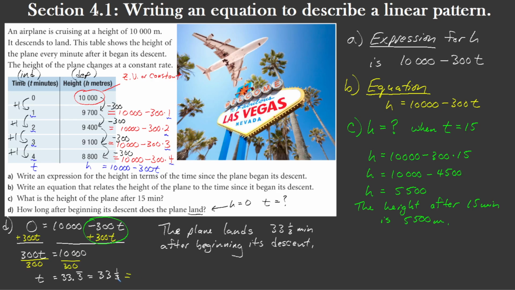So 33 1/3 minutes would be 33 minutes, 20 seconds. Okay, and again, that's not necessary at all. I just wanted to point it out because it's an opportunity to extend things a tiny bit.